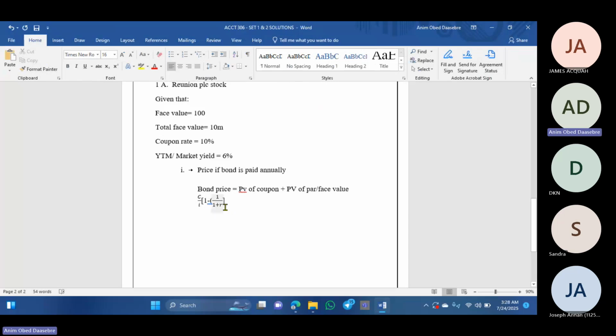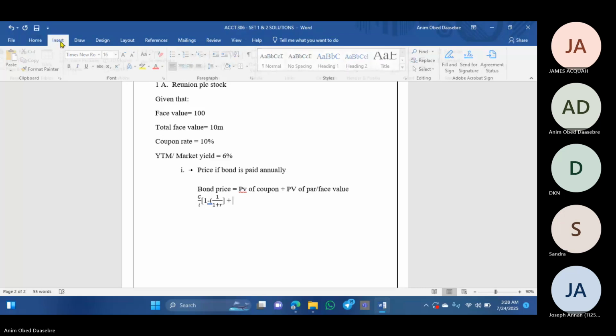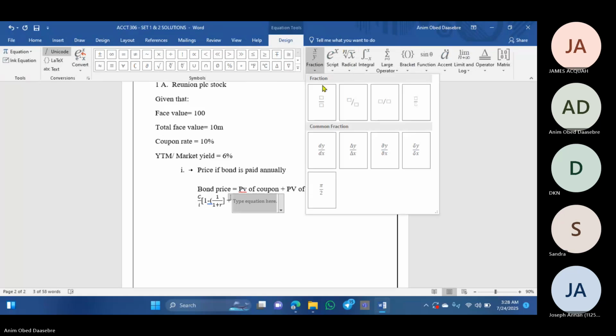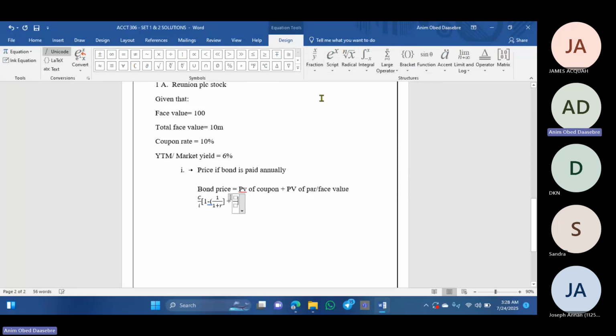So this is the annuity formula you are going to use. And the present value of the single cash flow is what?